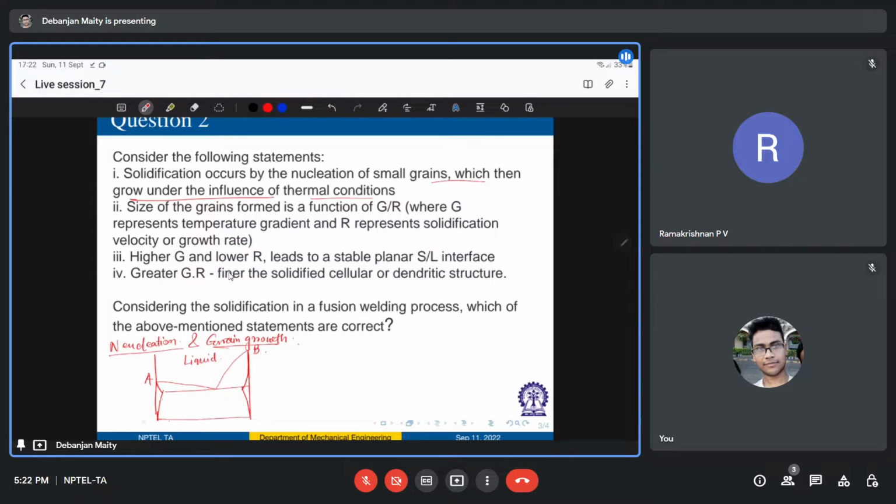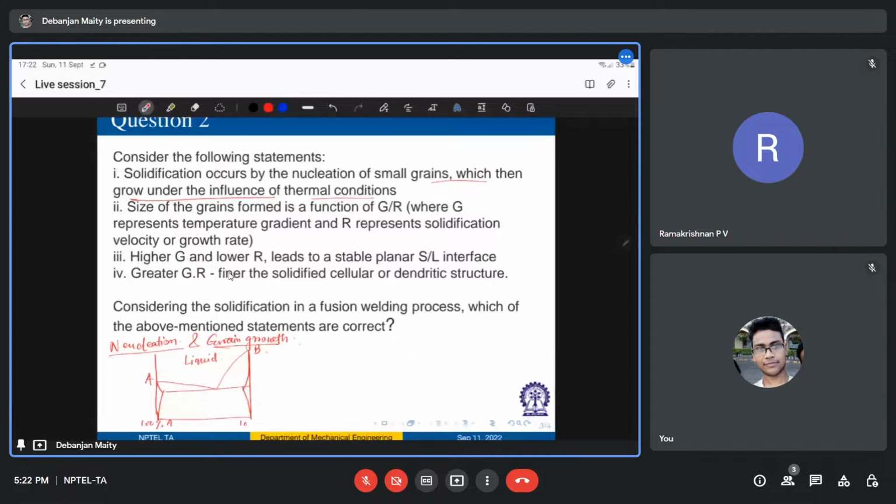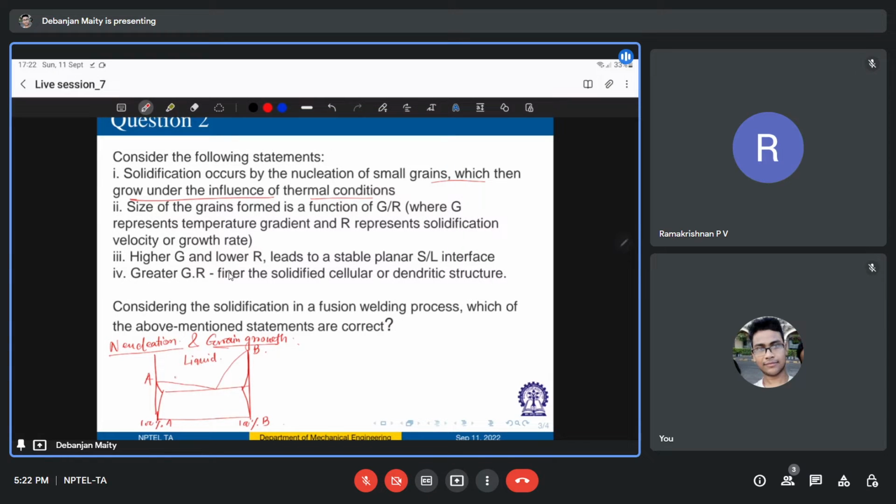So this is 100% A, and this is 100% B. Let us assume we are somewhere in the state where all the metals are liquid, maybe at T1. If we see the microstructure at T1, all the metals are in the liquid state.